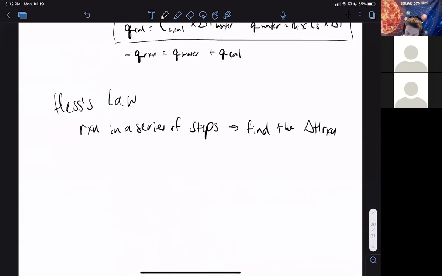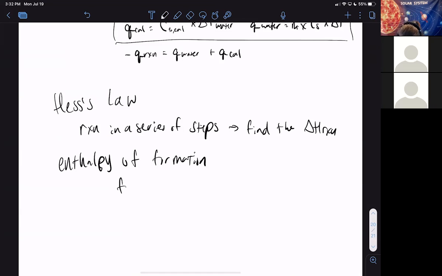Another thing we look at, enthalpy of formation. With enthalpy of formation, we're looking at forming a compound, specifically 1 mole of it, using elements.